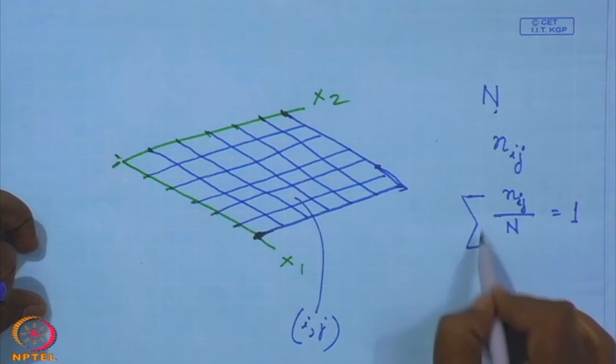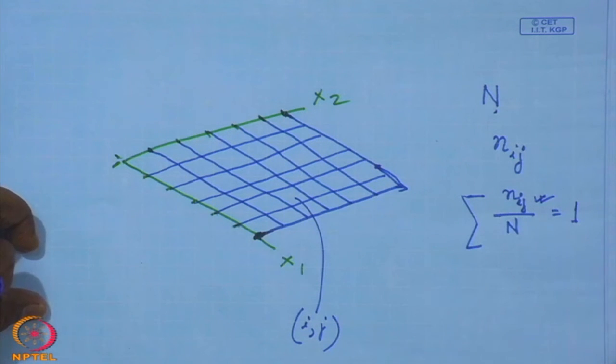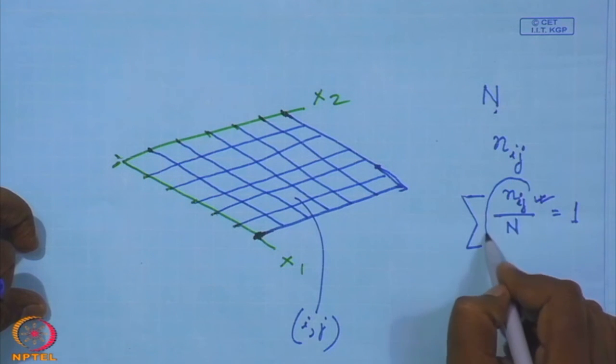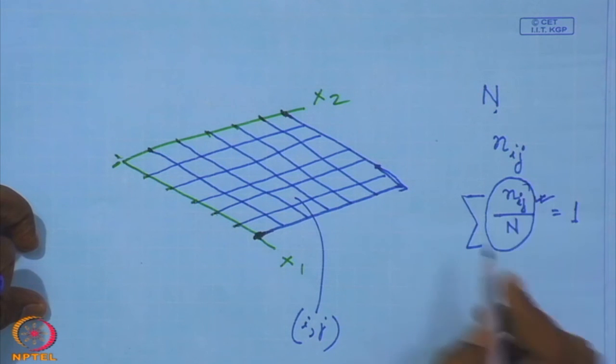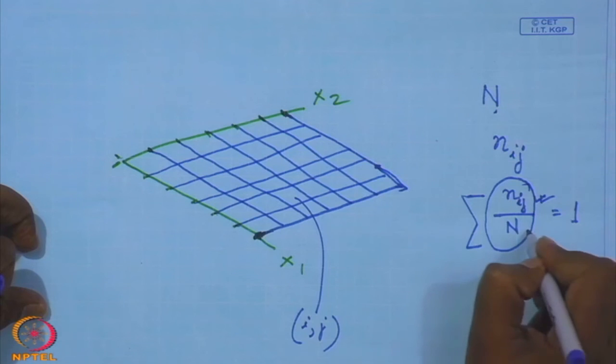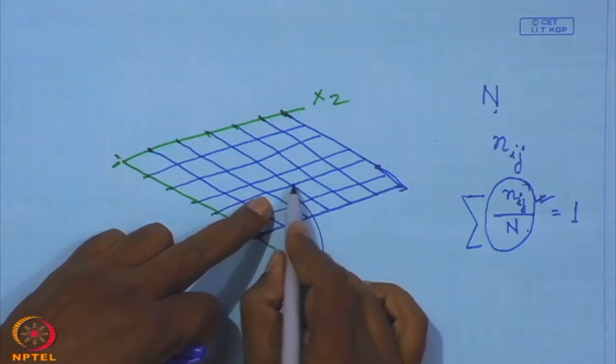So, if I simply sum them up over all i and j, that has to be equal to 1. This represents the volume of the probability density function over this ijth bin.